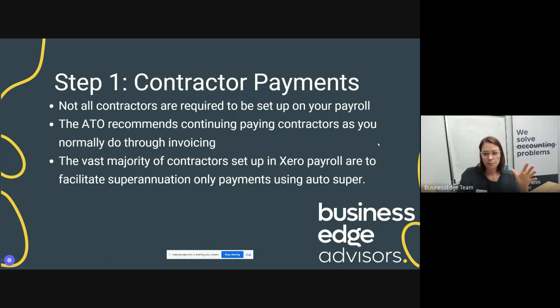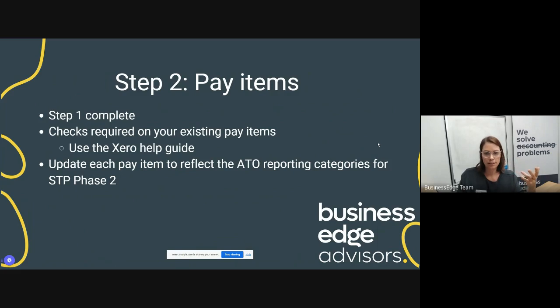So once you've done step 1, you then need to move on to step 2, which is updating your pay items. So checks are required to be done in your existing pay items. Think about your pay items. It could be overtime, ordinary pay, it could be some other allowances that you are paying your employees. Some businesses have many.